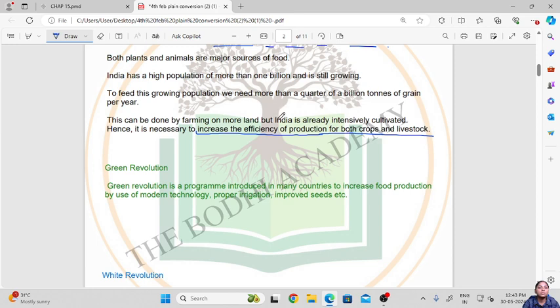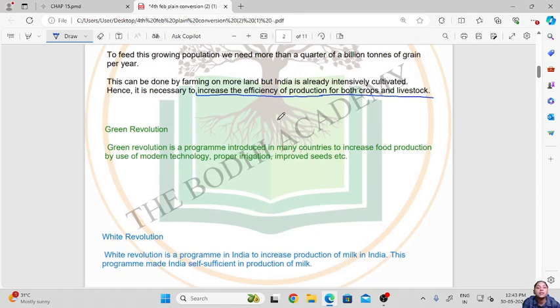So I had asked, what is green revolution? Green revolution is the program introduced in many countries to increase the food production by use of modern technology, proper irrigation, and improved seeds. How can this food production be increased?